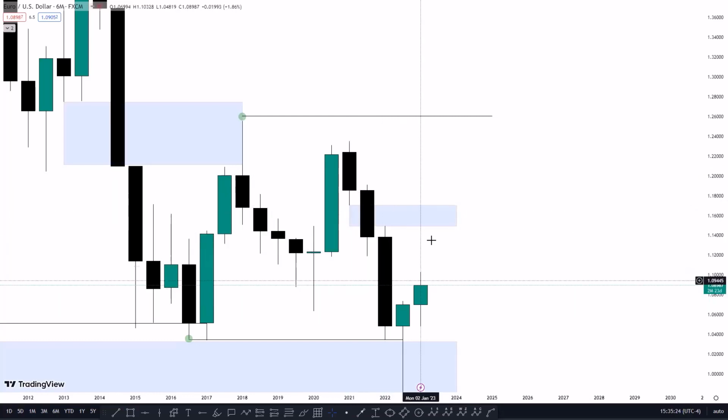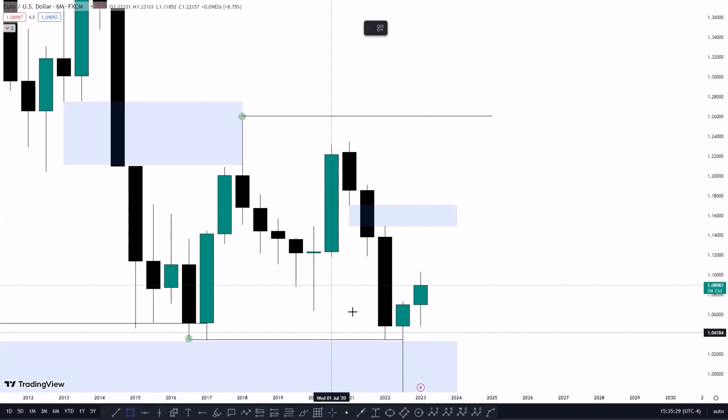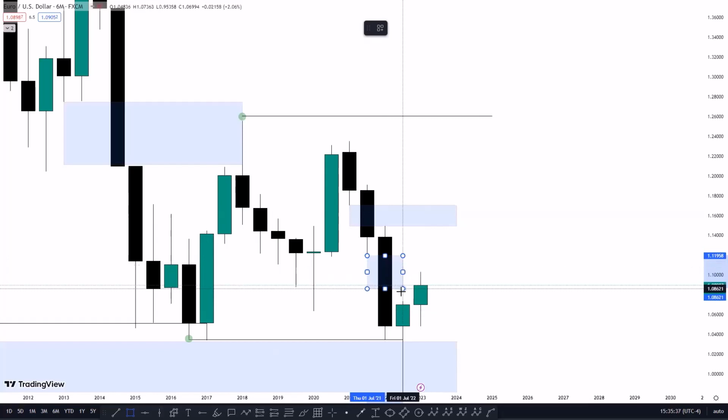We want to see the market filling this zone. And again, from this candle, first candle, second candle to this bullish candle, we have a price inefficiency. We want to see the market trading there.